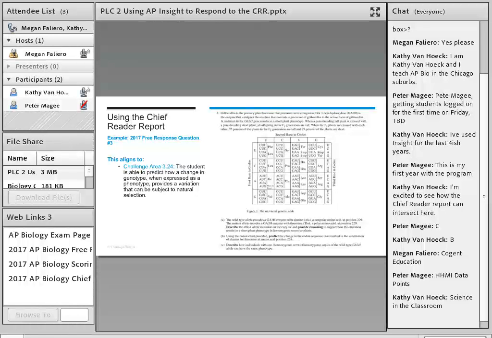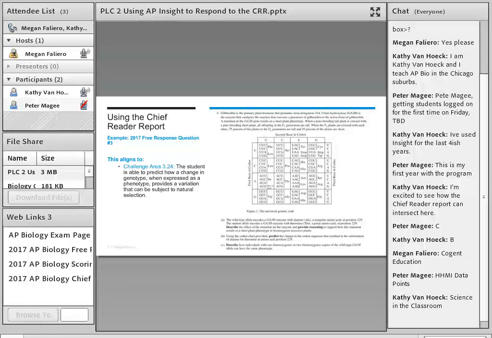Looking at this question, this links to a specific challenge area in AP Insight. So this addresses challenge area 3.14. The student is able to predict how a change in genotype, when expressed as a phenotype, provides a variation that can be subject to natural selection.